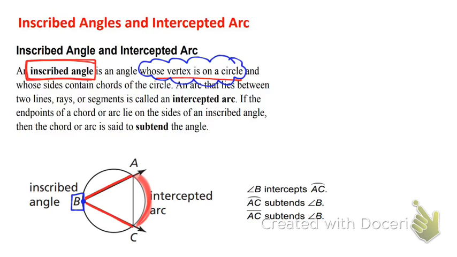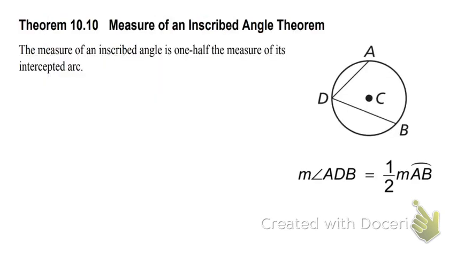So next we're going to learn a little bit about how to relate their measures. We learned in the past that an arc measure is equal to the central angle, but this angle is not a central angle. Since this angle is not a central angle, it's going to have a different measure.